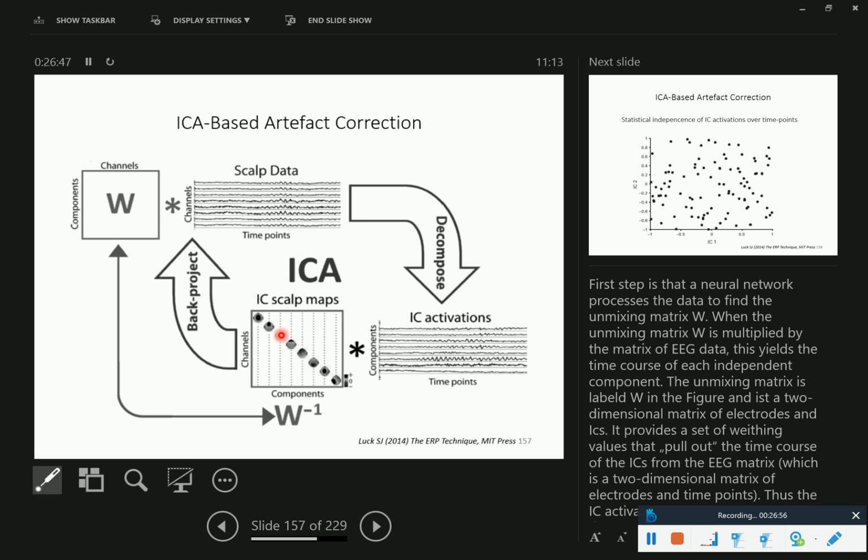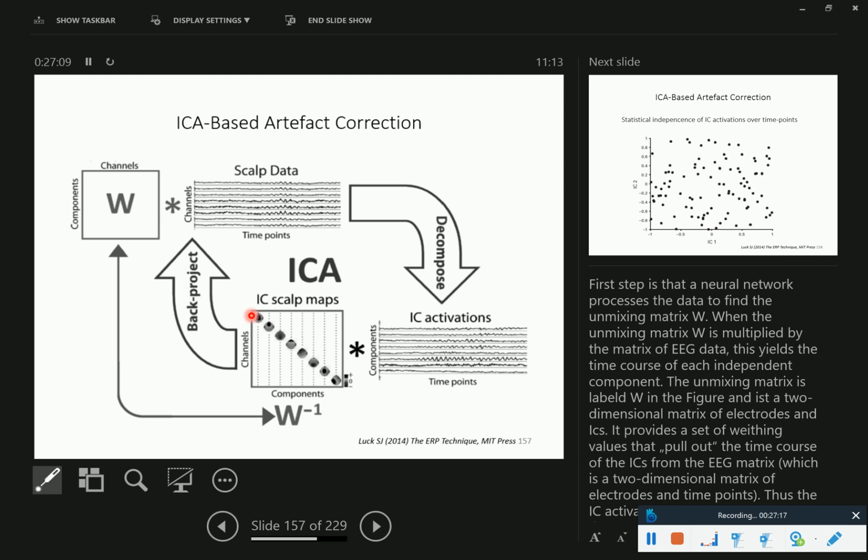And why this is always visualized in terms of these topographies is because this weight matrix is channels by components, which is a square matrix. If you have 64 channels, it's a 64 by 64 matrix.